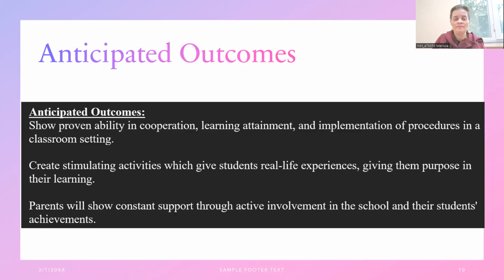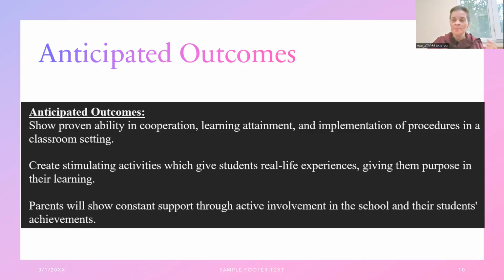Okay, that was one of them. Then I said, okay, well, that's not good enough for me. I want to continue with what I believe is right. So I'm going to create stimulating activities which give students real life experiences, giving them purpose in their learning. And of course, definitely parents will show constant support through active involvement in the school and their students' achievements.